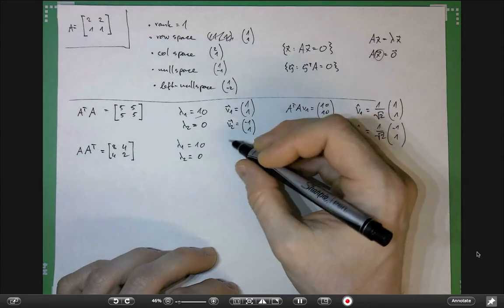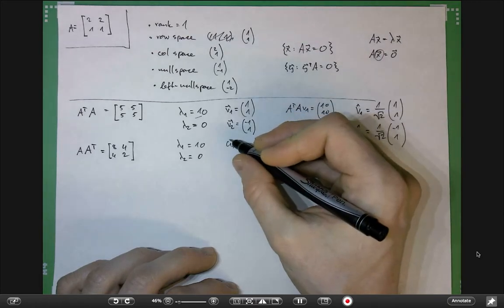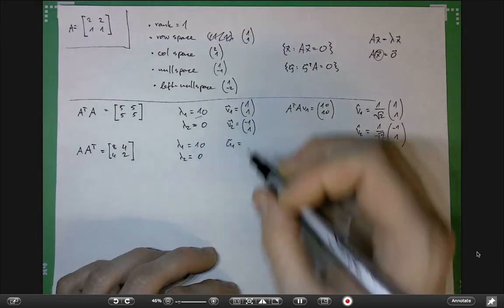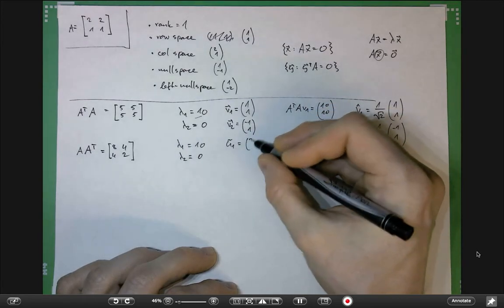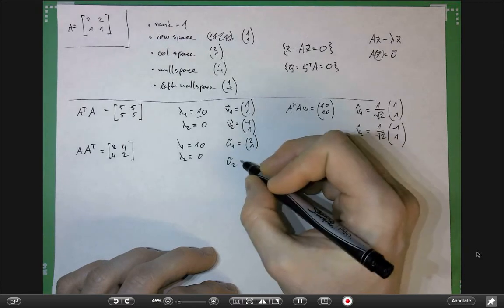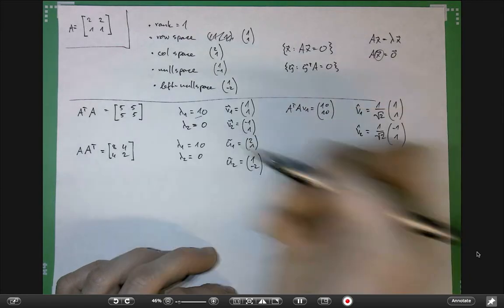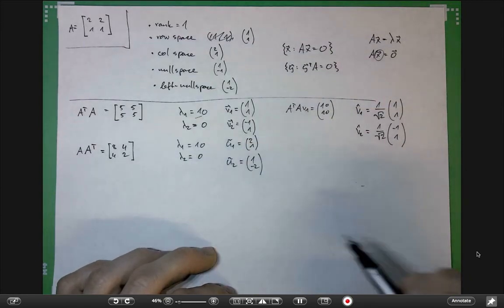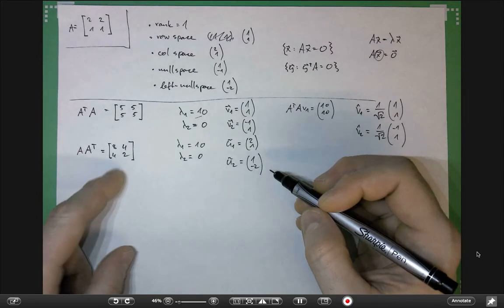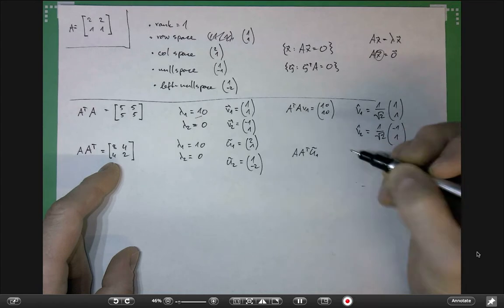Okay, so what is U1? Let me give this a tilde so that I can call U1 the normalized one. So the U1 tilde will be 2, 1. We could compute this. I'm just skipping the computation of the eigenvectors in the interest of time, but you should know how to compute it. For 2 by 2 matrices, it's very simple. So let's check it. If I do A A^T times U1 tilde, what do I get?